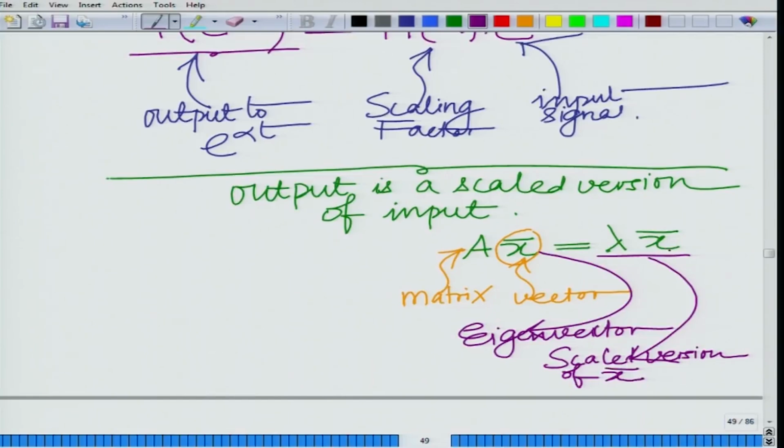So, x bar is called an eigenvector and lambda is called an eigenvalue.